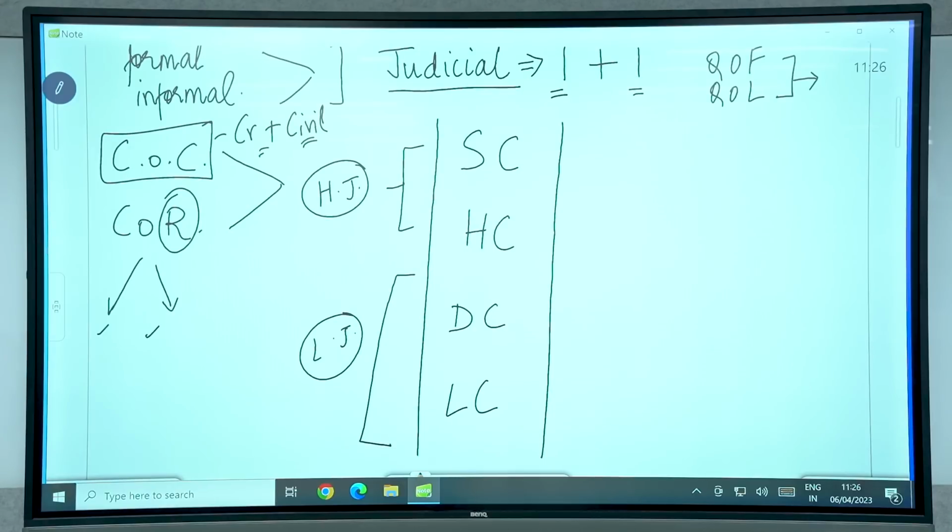The Supreme Court has the powers to punish for contempt for itself. But the High Court has the powers to punish for contempt of itself and the entire local judicial system, the lower courts.